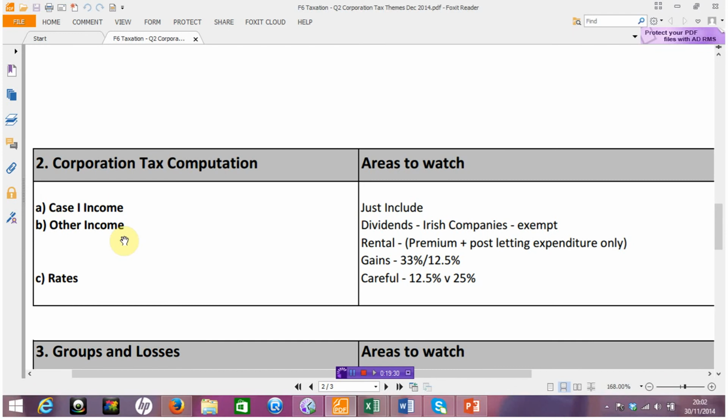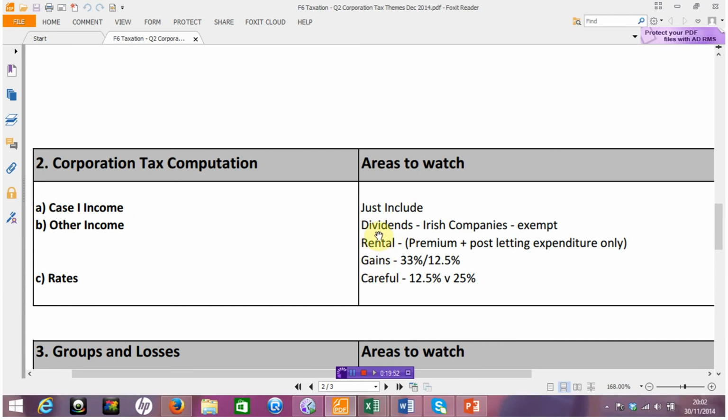So just be careful on that. It may well be that if you've got your pages set up, let's say page 1 for your adjustments to profits, page 2 for your comp, you could well do both things at the same time. It doesn't matter what order these go in. You could put in your other income as you're deducting it from the add back page, your page 1.